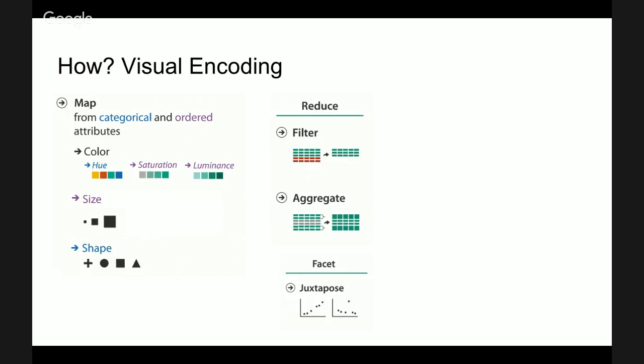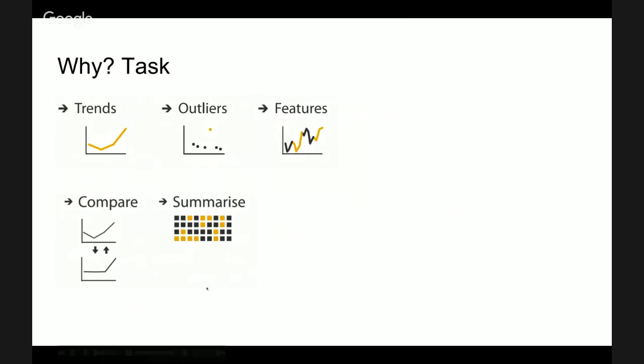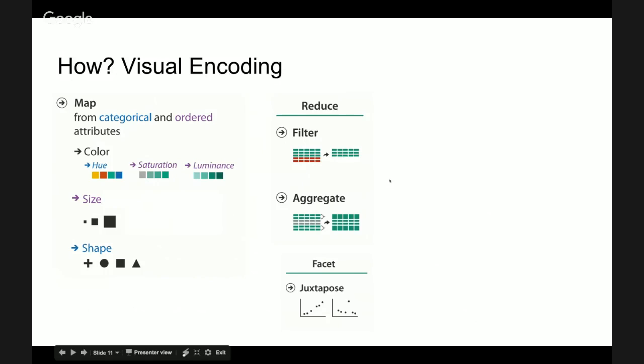And so apart from this encoding that you have to design, you also have to think about, in the previous slide we said we should think about what is the task. Do we want to summarize it? And if we want to summarize, then we have to think about, is the summarization reducing the data by removing some of the rows, or is it taking multiple rows and putting them together by running an aggregation, so computing like a count or a sum over a certain number of fields.